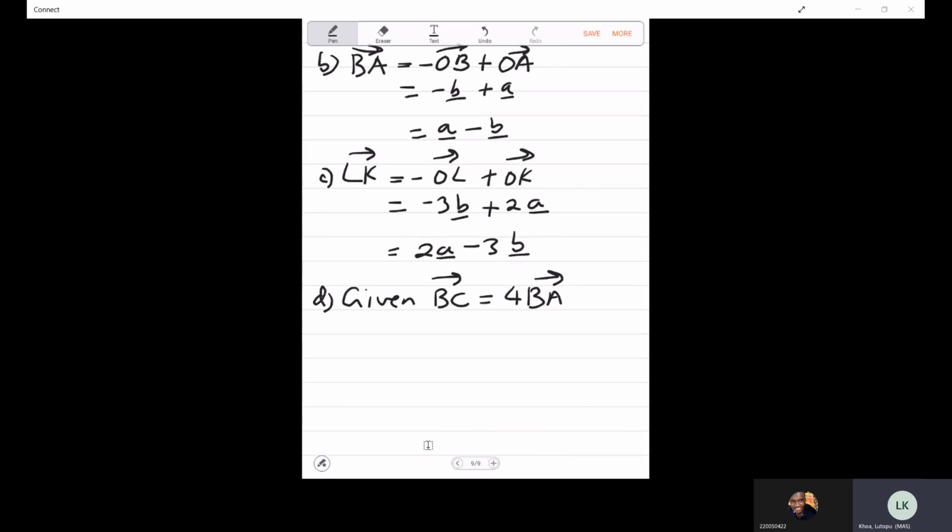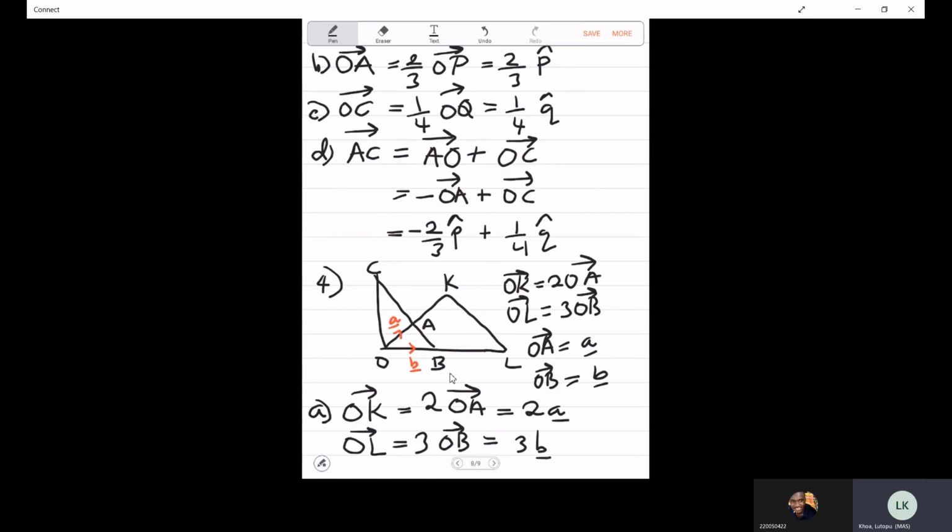Then we have to express OC in terms of A and B. So we're told that BC is 4 times BA, is 4 times this.